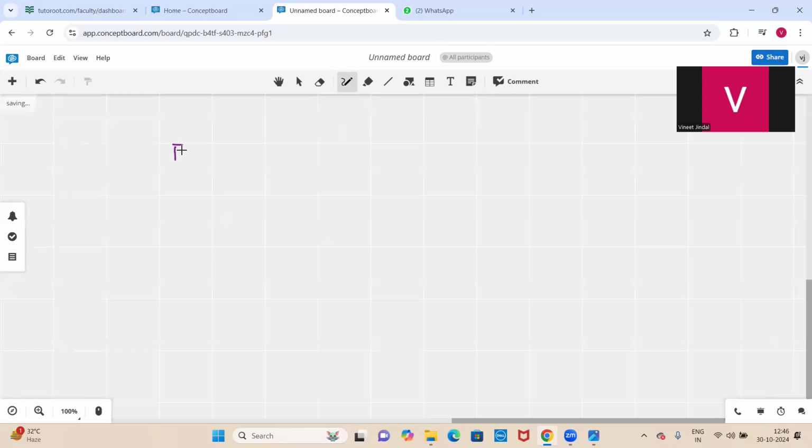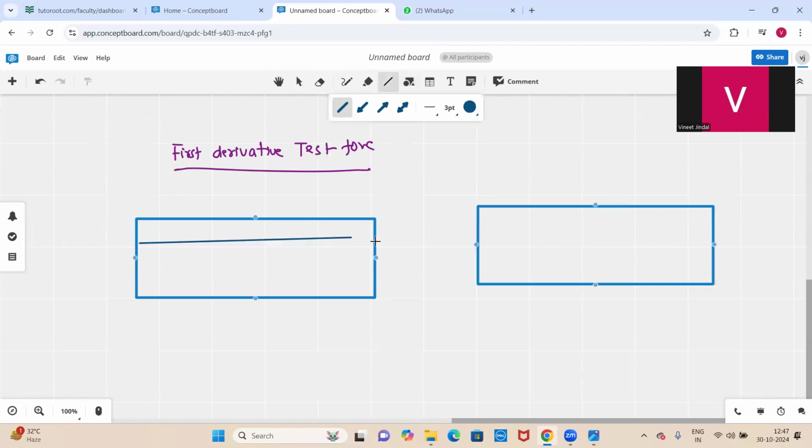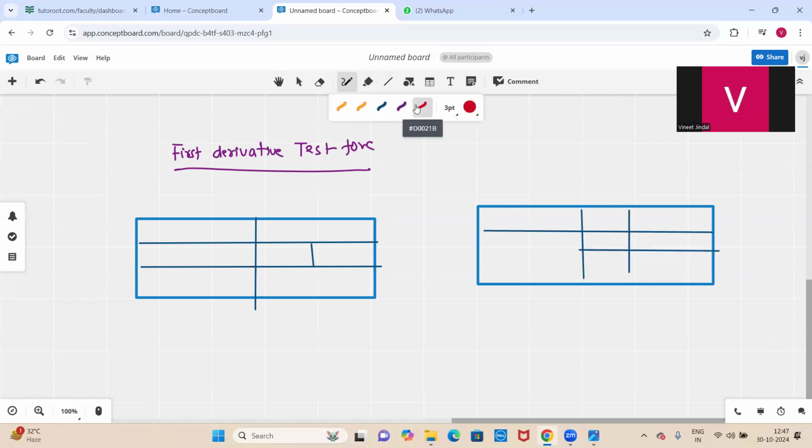We are going to discuss the first derivative test. In the first derivative test, we will find out whether the function has a minimum or maximum.